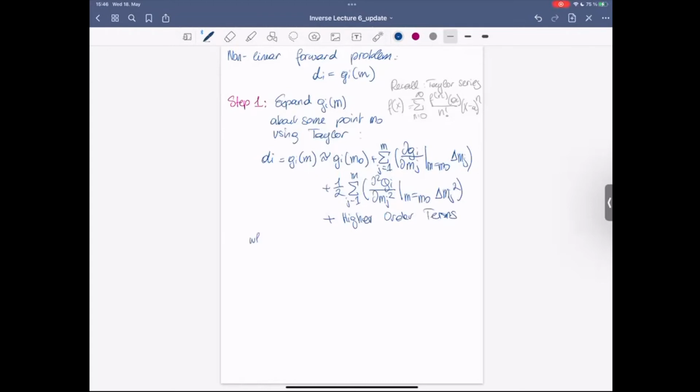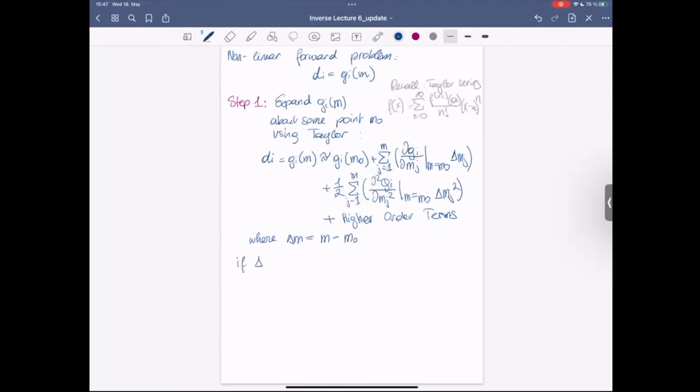And we said that delta m equals m minus our starting point M0. If we can assume that the higher order terms are small, we use only the Taylor series up to the first order.